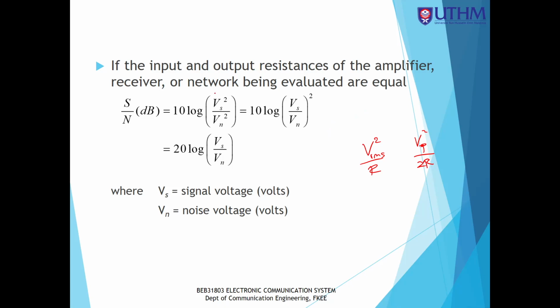If you put it inside the equation, for example, I'm using the RMS, this is 10 log of Vs square divided by R, divided by Vn square divided by R. So this is equal to 10 log of Vs over Vn squared.